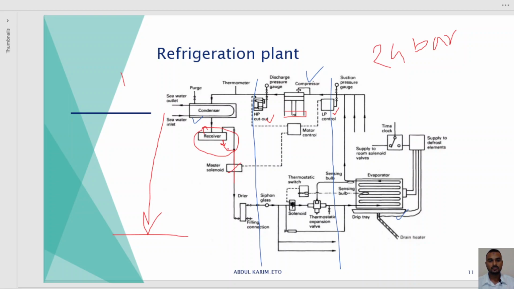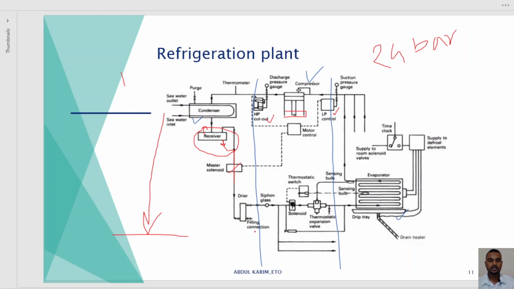As it blocks the system, no refrigerant will flow through the master solenoid valve. Suppose our system is okay, there is no low pressure or high pressure cutout, so the refrigerant will go through this line within the filter and dryer.